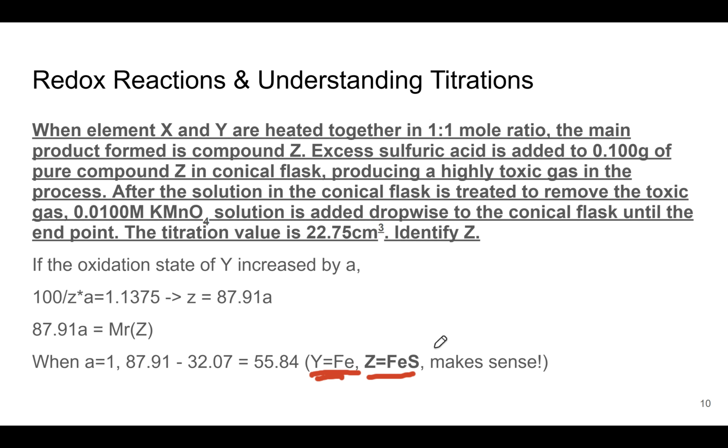So we know that Z can be iron(II) sulfide, and that really makes sense in the context of this question. It fits all the other data and descriptions because when you heat iron together with sulfur, you can get FeS. And so we have pretty much verified our answer, and we can just write this down as our final answer.